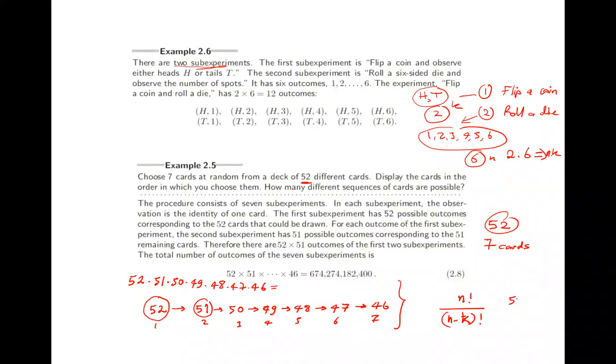So then it's going to be 52 factorial divided by 52 minus 7, which is 45. So it's going to be 52, 51, 50, 49, 48, 47, and 46. And 45 factorial will be cancelled. So this multiplication is equivalent to this one.